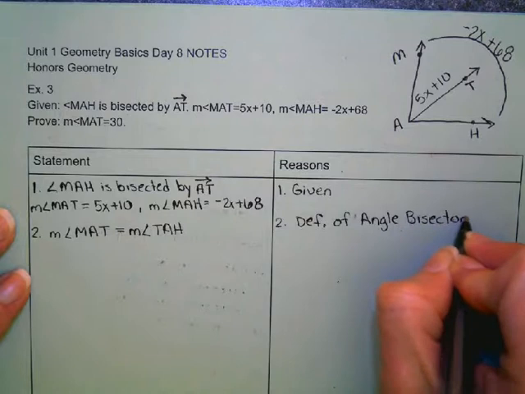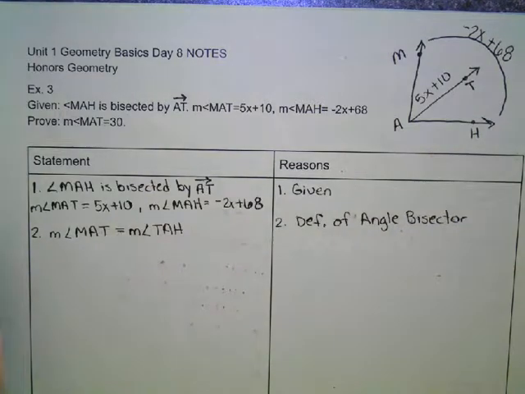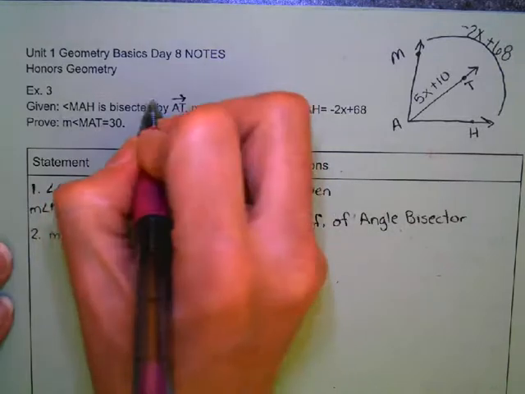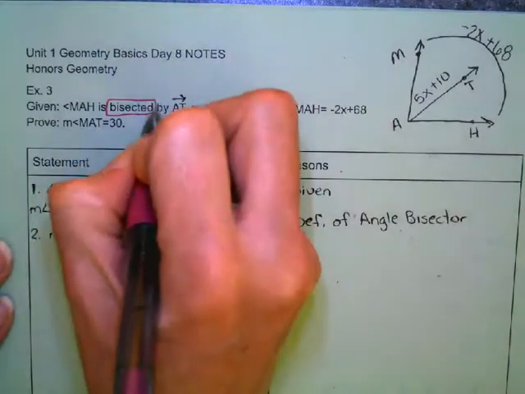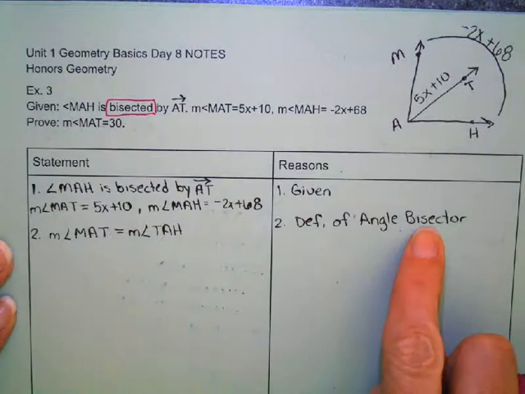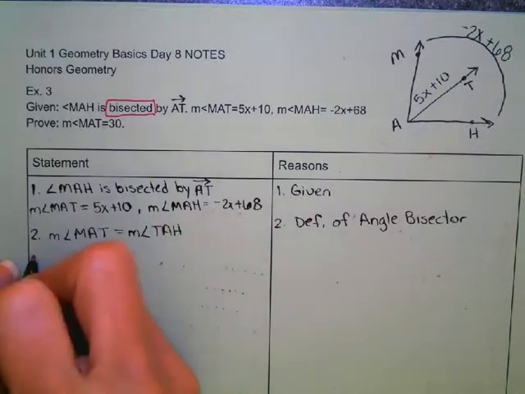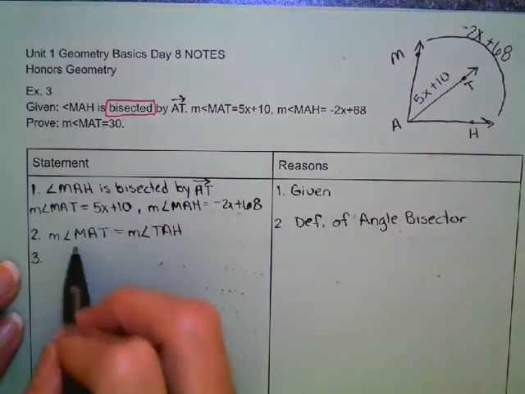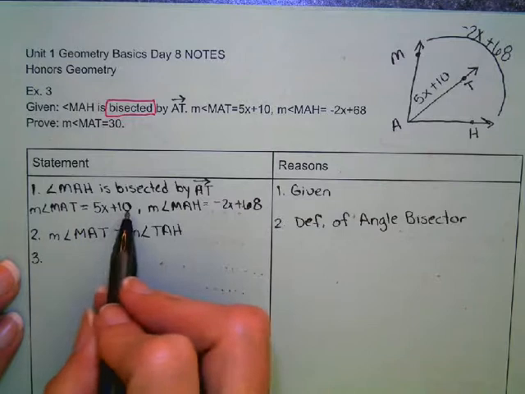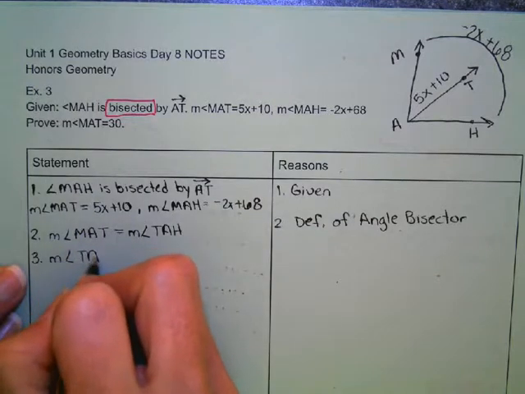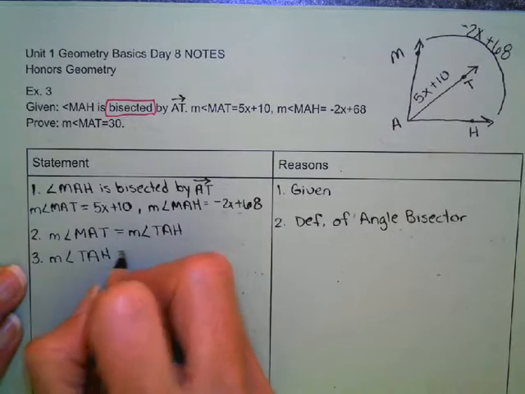And here's why, because the key word up here is bisected. And you look at, okay, what was bisected? We were talking about angles, so it's an angle bisector. Okay? So, we know that MAT was 5x plus 10. So, I'm going to say the measure of angle TAH should also be 5x plus 10.